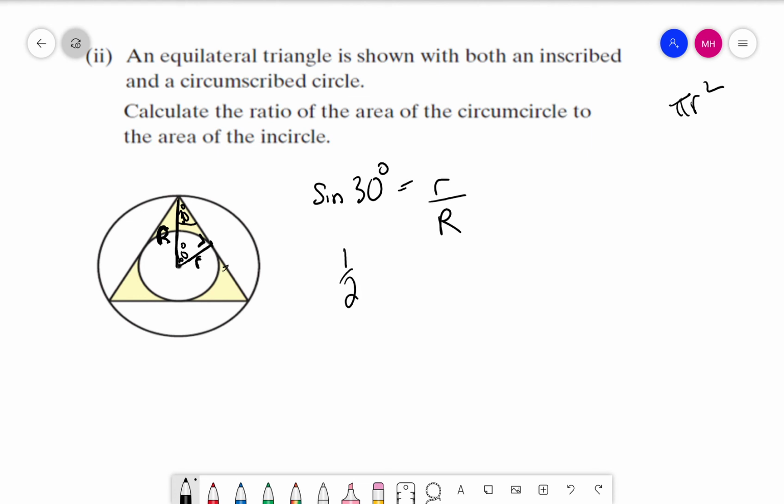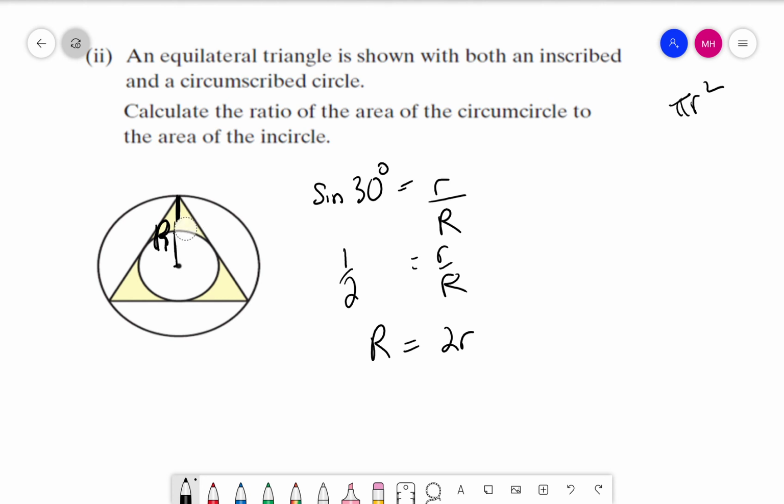So a half is equal to little r over big R, cross multiply there, and we're getting big R is equal to 2r. If I just quickly rub that out and go back to what I was saying, big R is twice the size of little r. So the big R was twice the size of your little r.